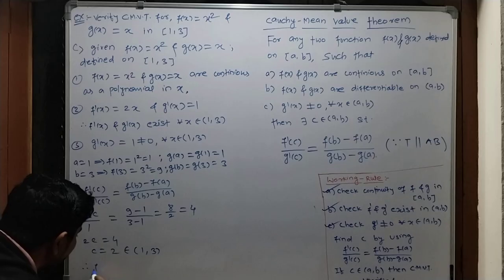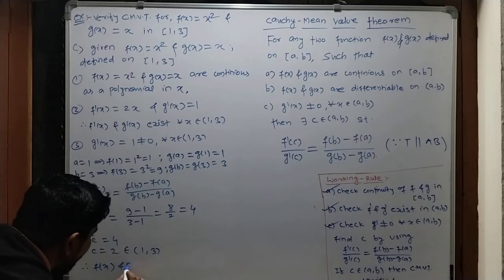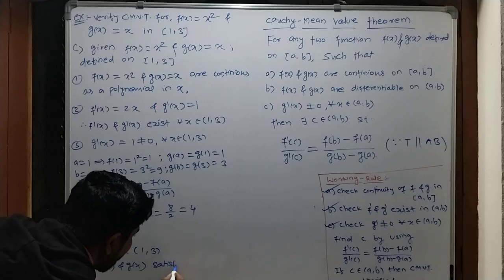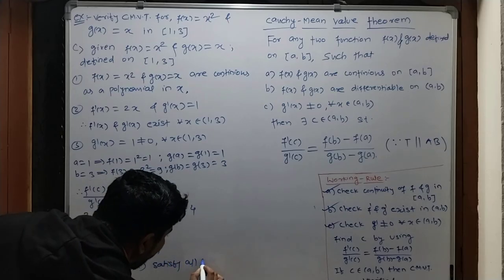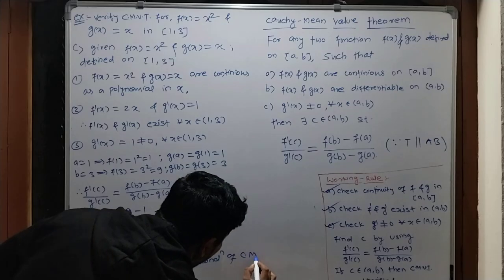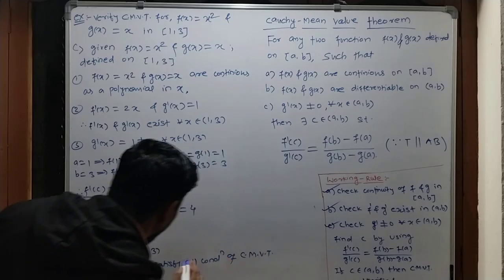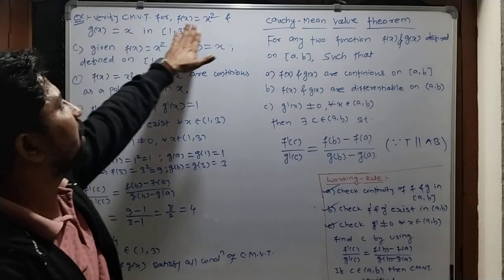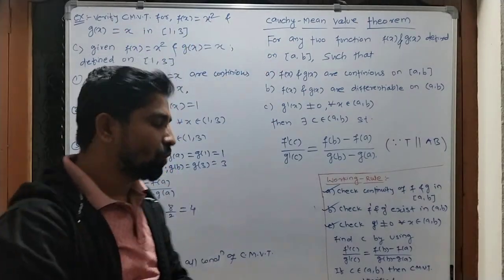Therefore f(x) and g(x) satisfy all conditions of the Cauchy mean value theorem. Therefore the Cauchy mean value theorem is verified for these functions f(x) and g(x).